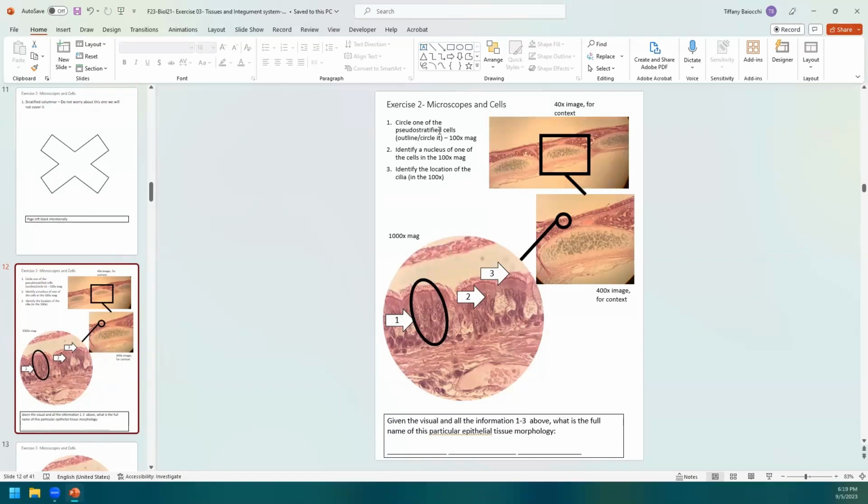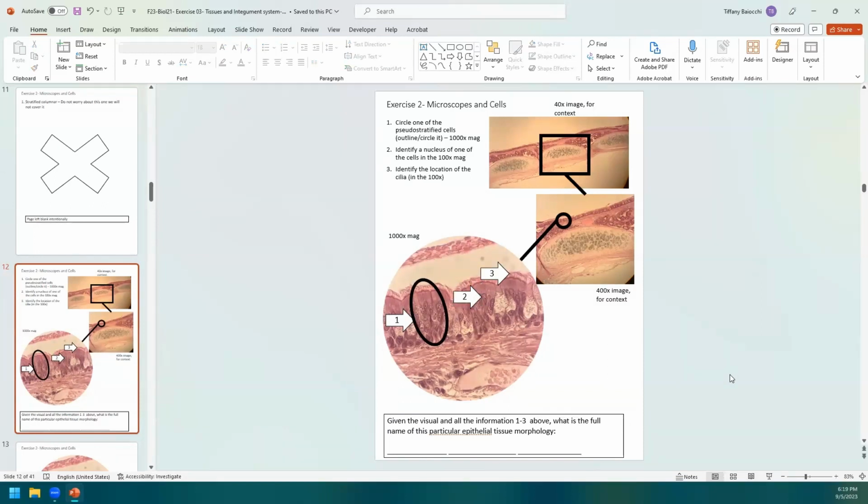Now, I asked for number 1 for one of these pseudostratified cells to be circled, and I've circled one there. In the 1000, I meant 1000, you're not going to be able to see them at 100x. At 1000 magnification, identify the nucleus of one of the cells. Again, any of these darker circles in here will serve that purpose, so I'll just put mine right at the edge of that nucleus there.